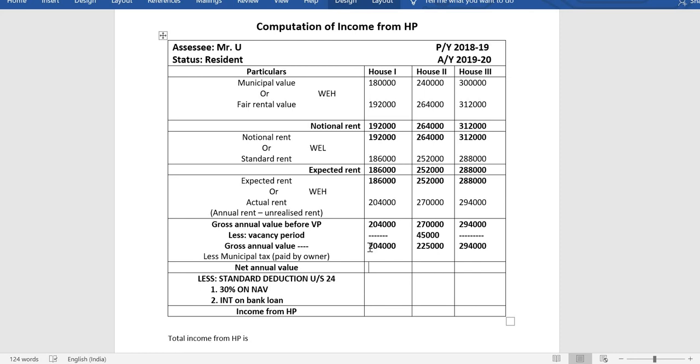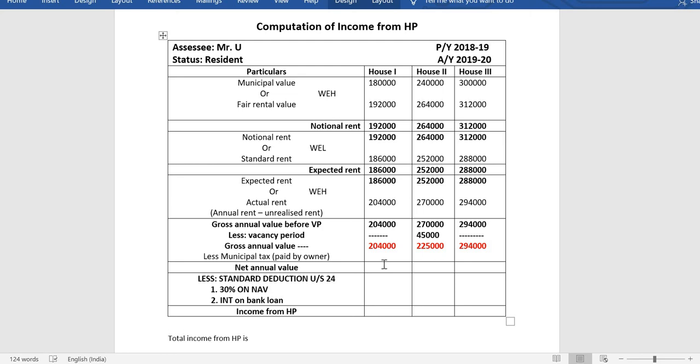I will make it in a different color so that you can easily identify. So the gross annual value for house 1 is 2,04,000.